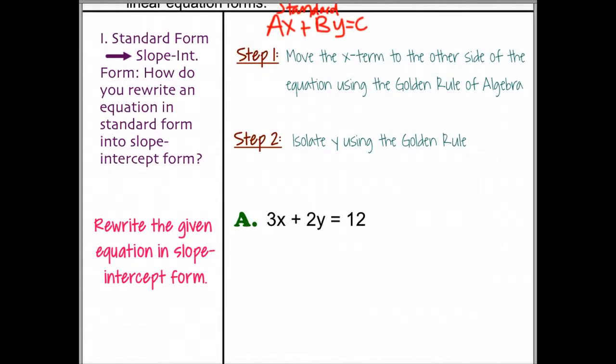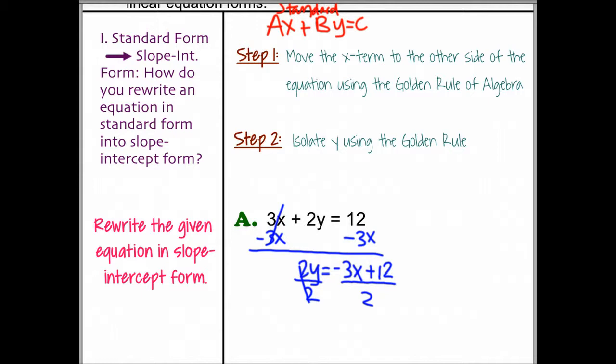The first step we're going to take is move the x term over, so we subtract 3x from both sides. So these cancel. We have 2y equals negative 3x plus 12. Now to get y by itself, we divide both sides by 2.